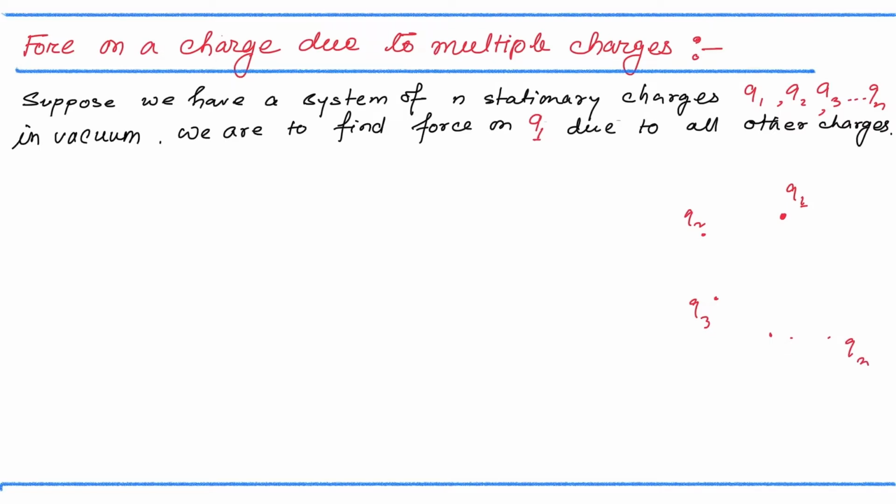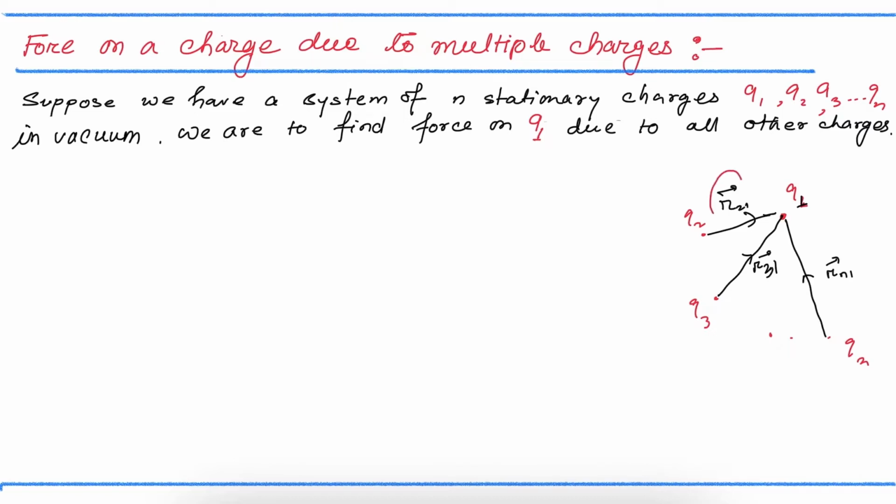The displacement from Q2 to Q1 is suppose R21, and from Q3 to Q1 is suppose R31, and from Qn to Q1 suppose Rn1. Okay, we have considered that way.